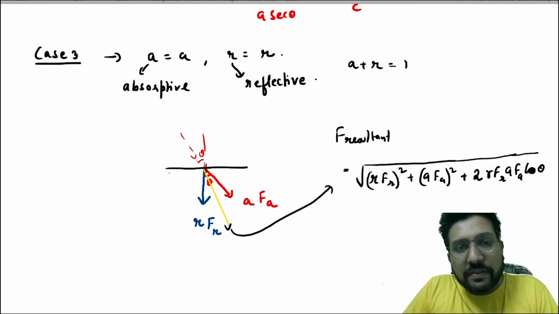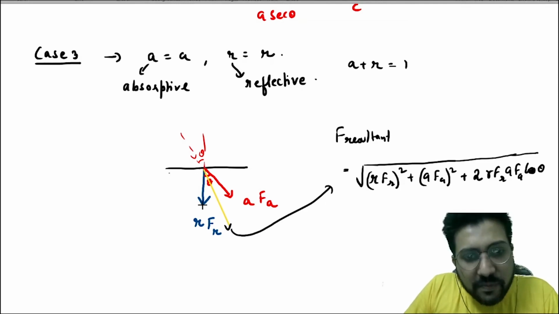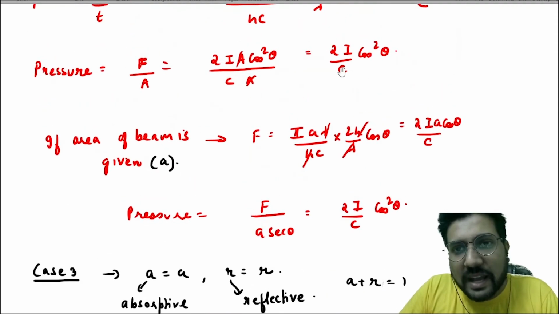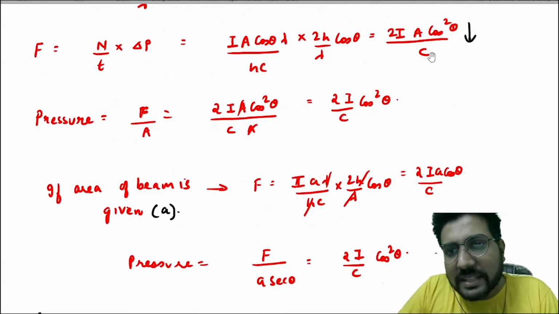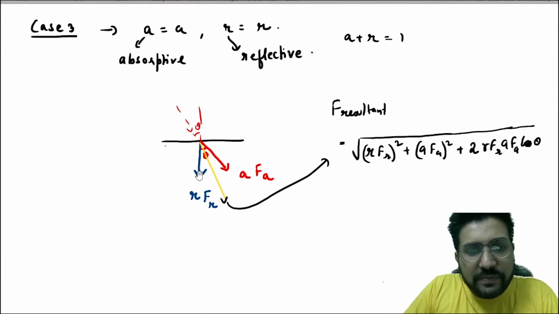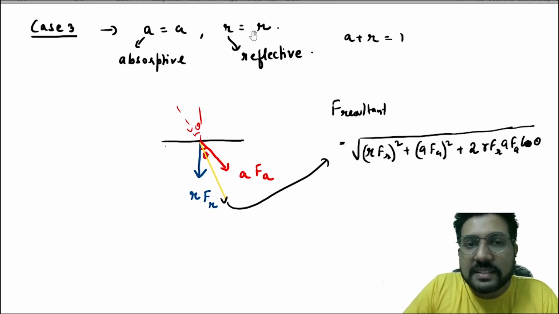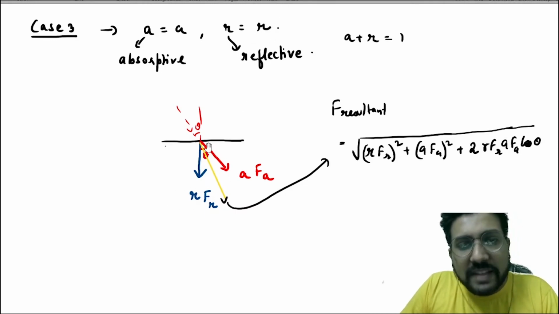Now the reflective force, we have already calculated here, is 2IA cos square theta by c. I have not written the value here, you can write it here if you want, multiplied by r, because only r fraction of the light is getting reflected and the remaining fraction, that is a fraction, is getting absorbed.